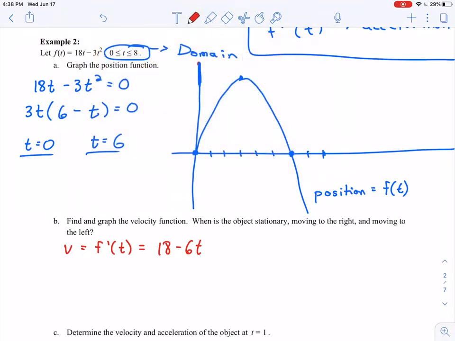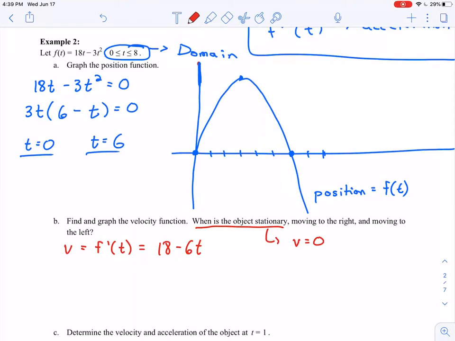Let's be a little bit more careful, though, and I'm kind of looking ahead here when I think about how I'm going to approach this. It says, when is the object stationary, when is it moving to the right, when is it moving to the left? And in particular, I'm going to look at this one. When is the object stationary? Because this part right here is saying, when is the velocity equal to 0? And I think that would help with my graph, too.